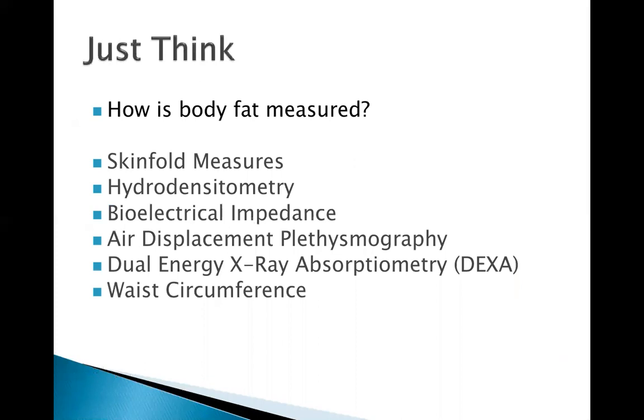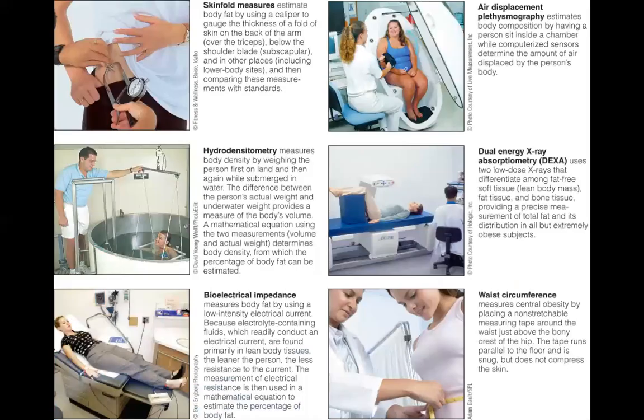So how is body fat measured? I just showed a picture of them measuring the waist circumference. This doesn't specifically measure body fat, but it's an indirect measure. We have additional indirect measures as well, and we'll be seeing them on the next page.